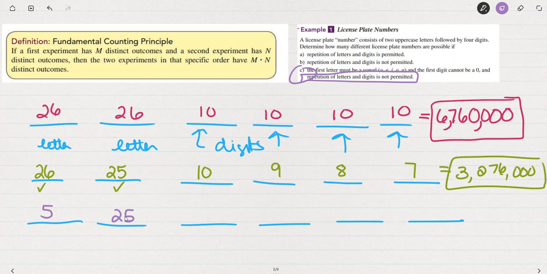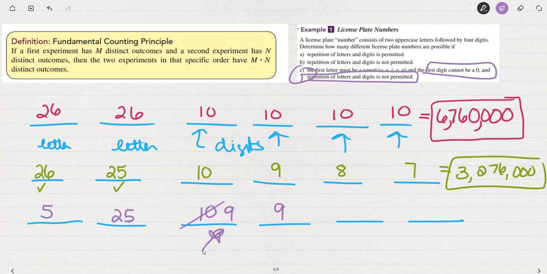And now when I go to get the next element, I've got 10 digits to choose from. But, oh, notice that the first one can't be a 0. So I don't actually have 10. There's only 9 to choose from. Notice when I go to get the second digit, regardless of what digit I used for the first digit, there's still 9 left: the 0 together with the 8 digits from 1 through 9 that I didn't use.